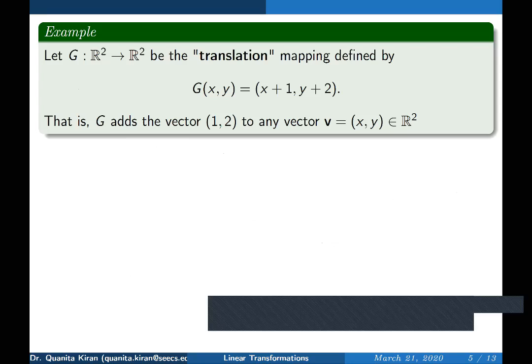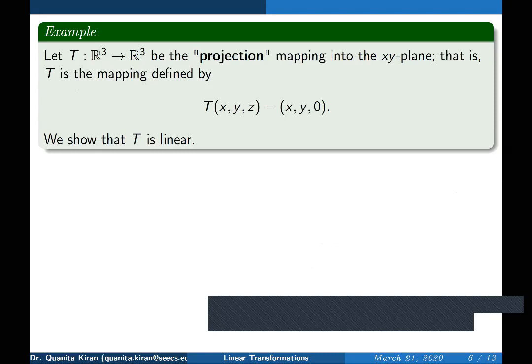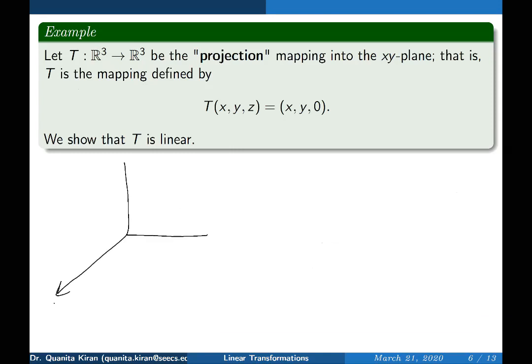So the next example is about the projection mapping. The projection mapping can be defined like this: this is the R3 space with X, Y, and Z. Suppose we have a point P (X, Y, Z) in the space, and this is its Z component, this is its Y component, and if we take the perpendicular projection here, then this is its X component.